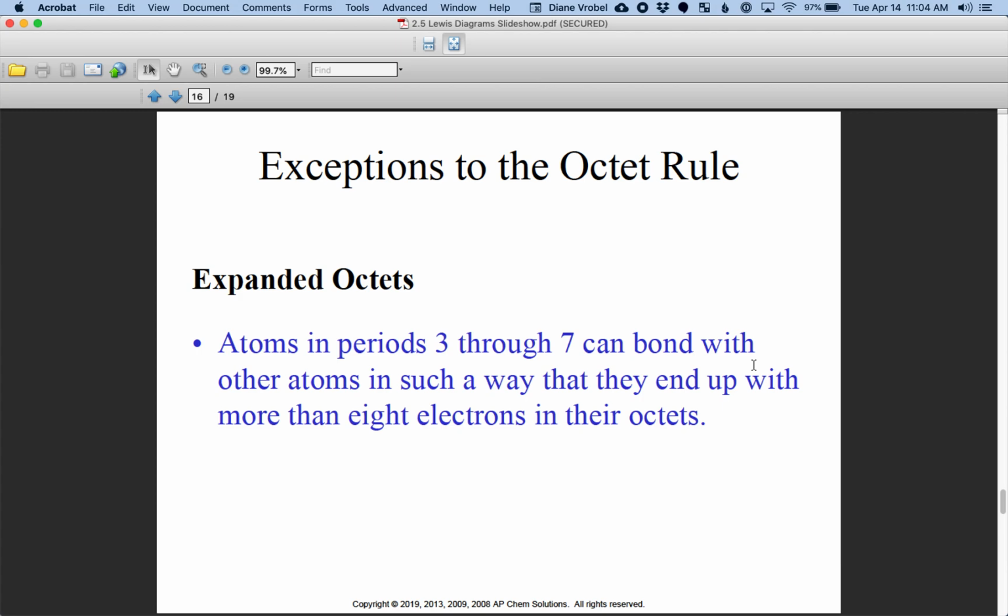So even though we don't see d electrons in the p region of the periodic table, you could have something like phosphorus or sulfur where it has access to its d orbitals. Now, we typically look at d orbitals when we're looking at transition metals, but because those atoms have the third energy level, they do have access to their d orbitals.